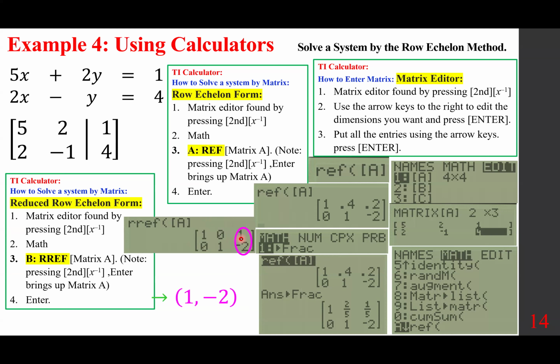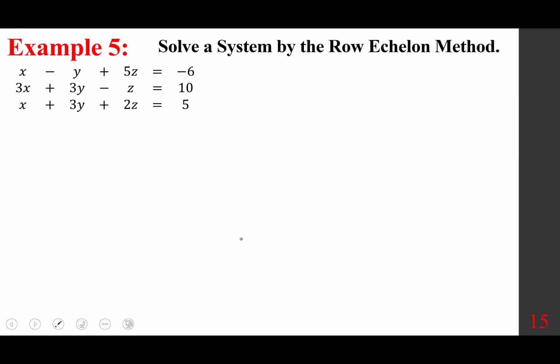So RREF will give you the final answer. And again, as it gets more involved, normally you use graphing utilities, but you need to understand how it's done and be able to do it on your own.